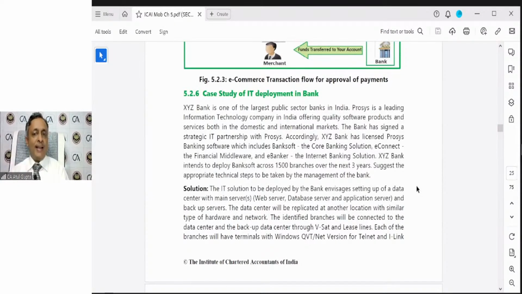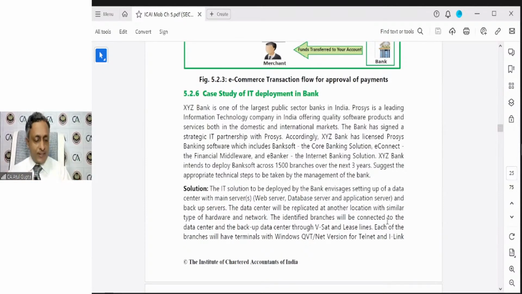Accordingly, XYZ Bank has licensed Process banking software, which includes, now just read this, we may have a rapid fire on this paragraph, BankSoft, the core banking solution, eConnect, the financial middleware, and eBanker, the internet banking solution. XYZ intends to deploy the BankSoft across 1,500 branches over the next 3 years. Suggest the appropriate technical steps that need to be taken by management for implementing this system in a bank.